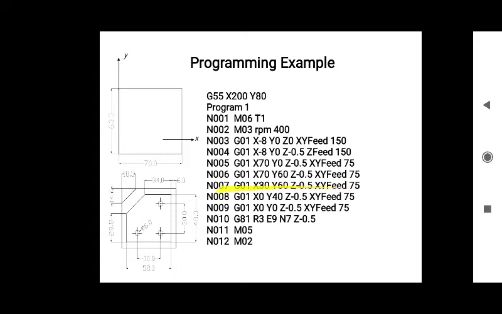So here you can see N08 G01 X0 Y40 Z-0.5 F75. Here you can observe that we are maintaining the 75 per minute cutting speed constant throughout the cutting operation.